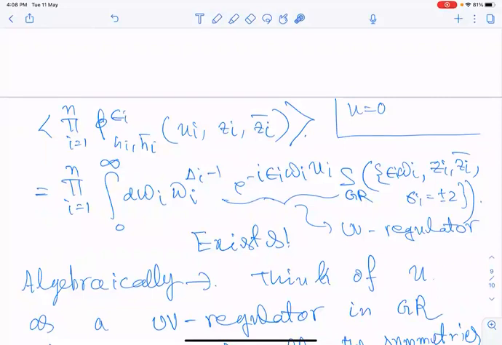Or, since you basically complexify everything, you can choose some complex u for which this will converge. You can easily analytically continue these things in u, because you don't have any u bar, so it is just a holomorphic function of the u's.